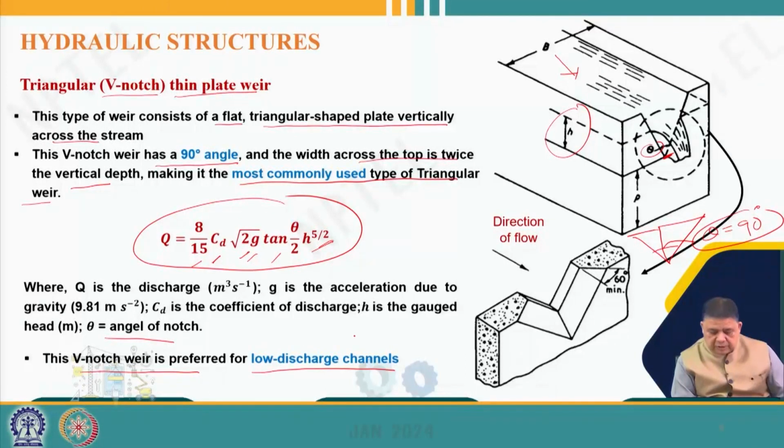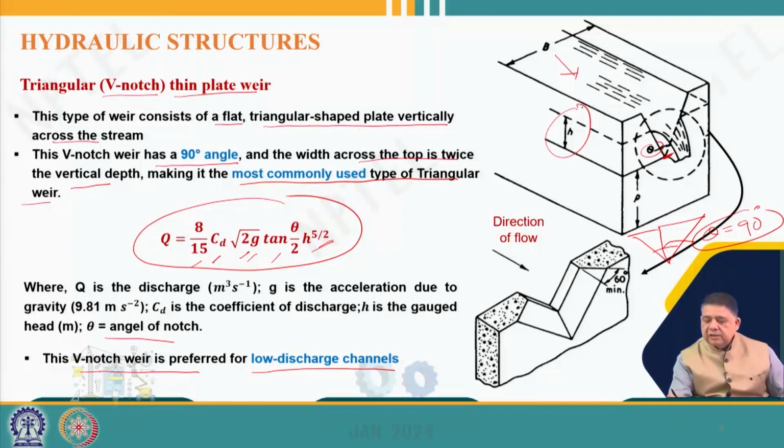V-notch weir is preferred for low discharge channels. Low discharge channel in the sense that, compared to a rectangular thin plate weir, here the cross sectional area is less. So, for the same discharge, the value of H will be significantly higher in the case of a triangular weir compared to a rectangular weir.